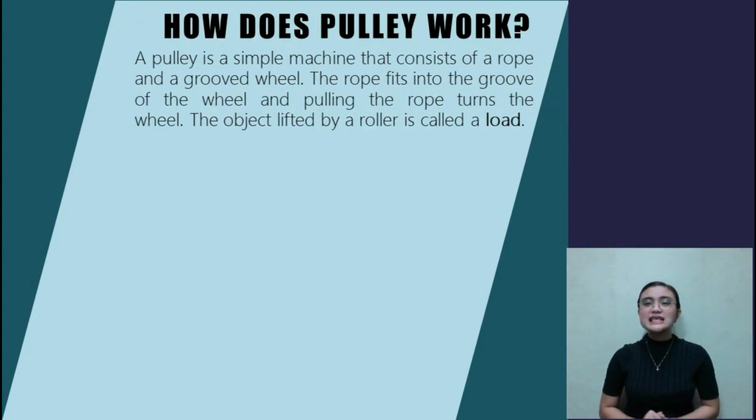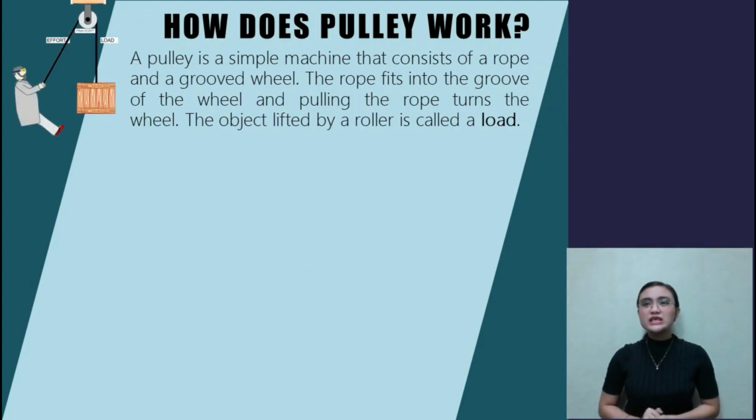A pulley is a simple machine that consists of a driving element like a rope or a belt and its grooved wheel. The rope fits into the groove on the wheel, and by pulling the rope, the wheel will turn. The object that is being lifted is known as the load.